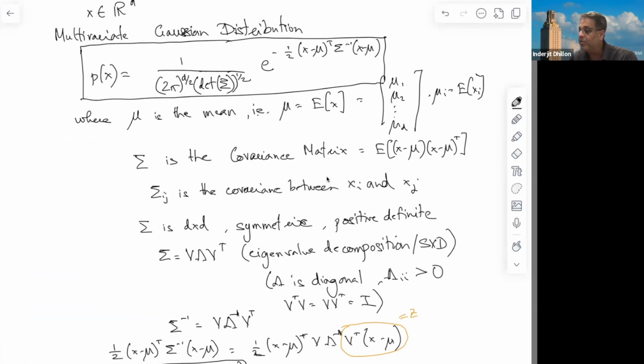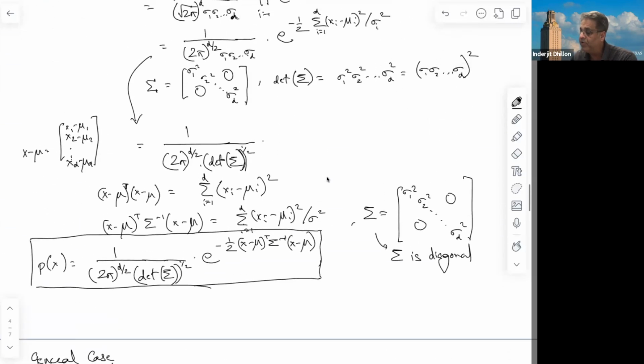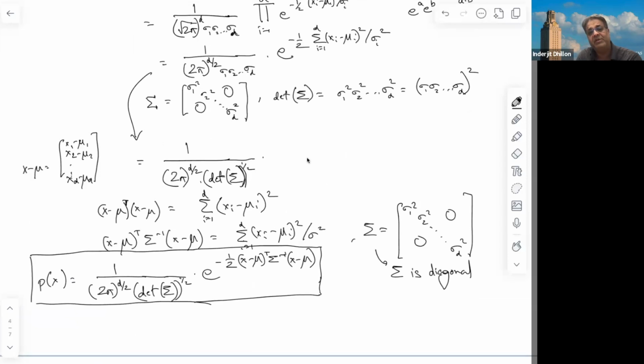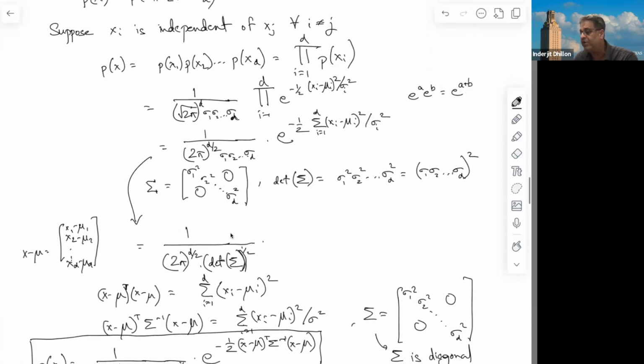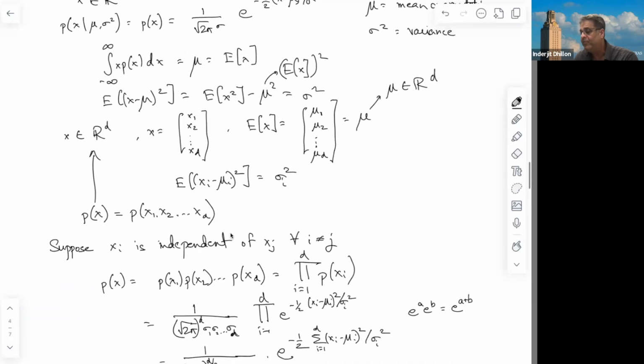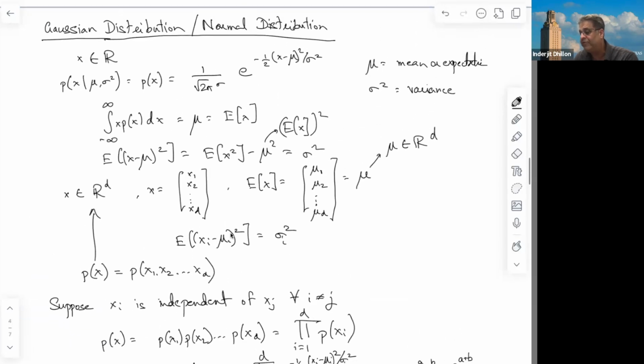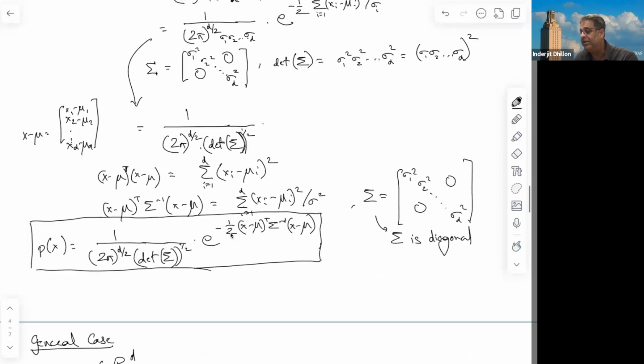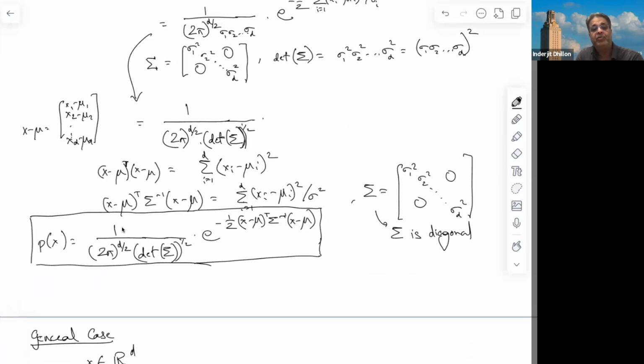But I wanted to build intuition. Many of you have seen the univariate Gaussian distribution, so we showed that if the variables are identical, then you can write the PDF in the same way as you write the PDF of a general multivariate Gaussian.